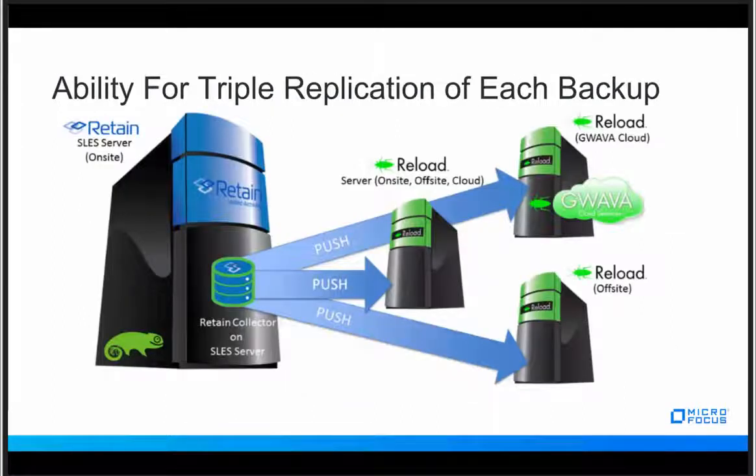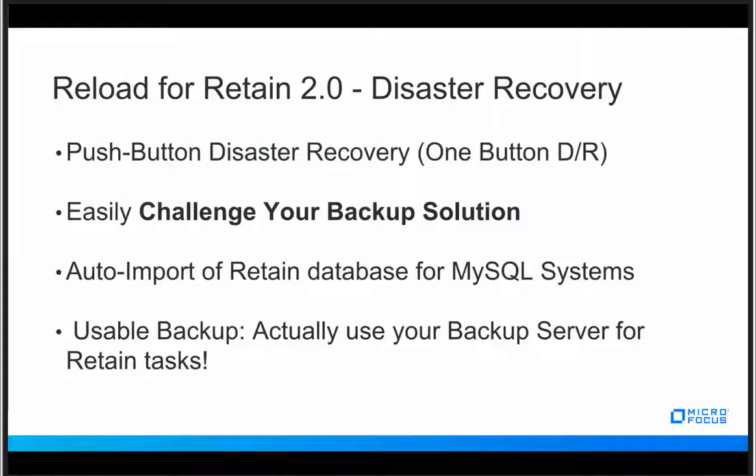So that's what this is showing: your retain data can be replicated to multiple reload servers. So for example, at United Bank, we've got one reload server that their retain system is being replicated to, and it's in Virginia, and they just set up another reload server out in West Virginia, and we're going to start replicating to that one.